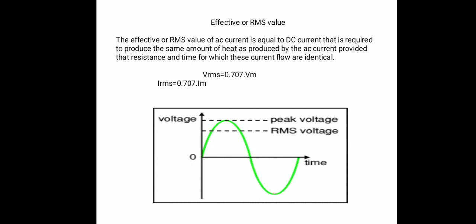Suppose we feed 200 volt to that heater, and after feeding 200 volt AC, the heater draws 10 ampere of AC current. Due to that 10 ampere current flowing through it, the heater gets heated and starts releasing heat, and due to that heat the water starts boiling.